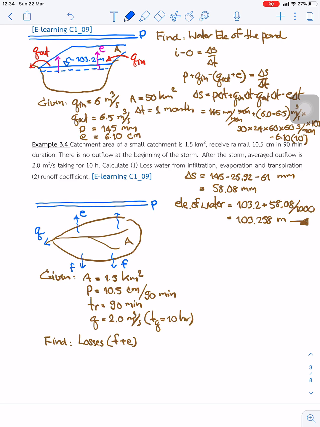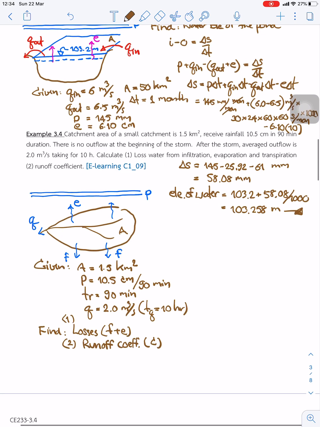Okay. And the second part is the runoff coefficient. Okay, so we can start the same way, from the basic water balance equation.